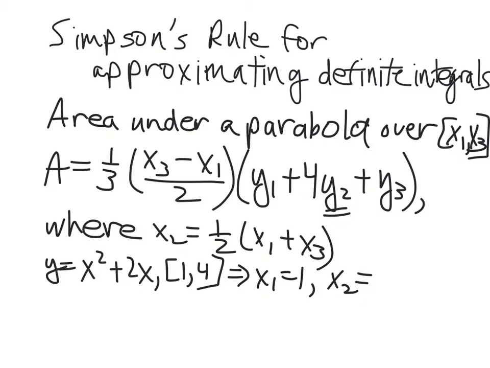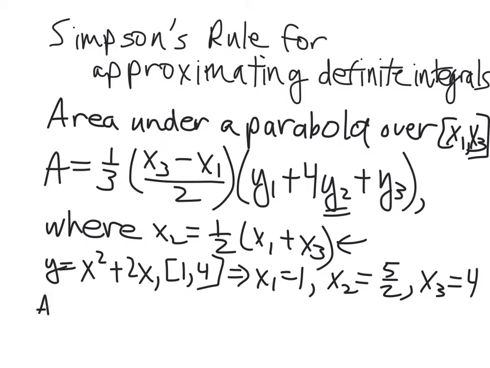We'll calculate x sub 2 here, and then x sub 3 will be 4. What's halfway between 1 and 4? Oh, we add x sub 1 and x sub 3 and then divide by 2. So 5 halves, 2 and a half will be halfway between.